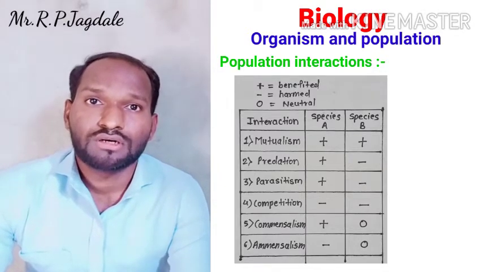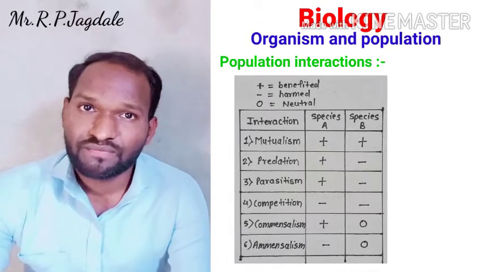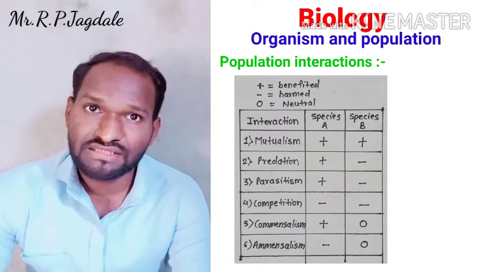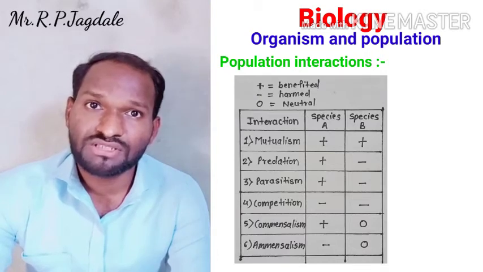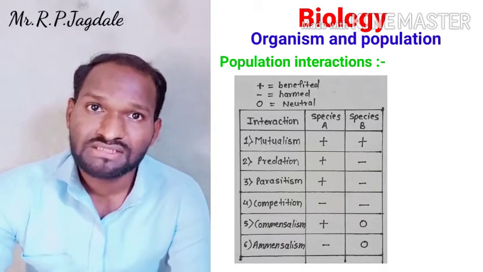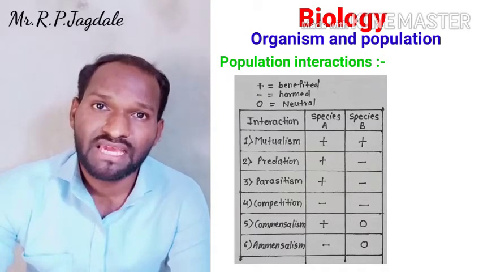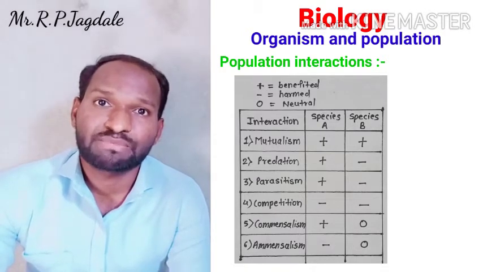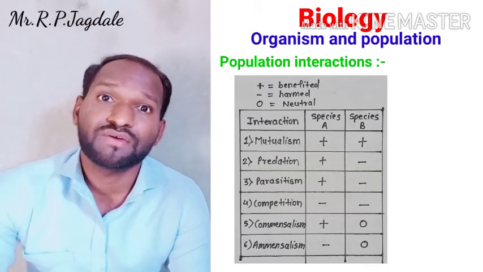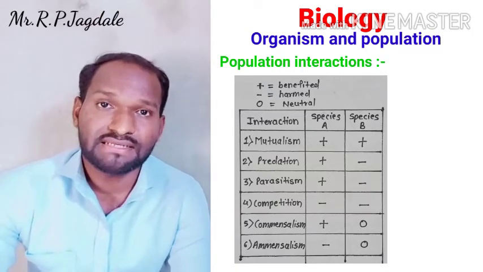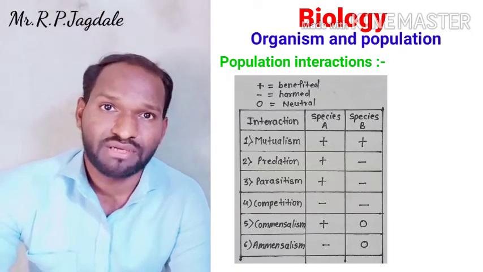You can see the chart on your screen. In this chart there are 3 columns: the first column is the interaction, the second is species A, and the third is species B. Interactions need a minimum of two organisms, so we consider two organisms, A and B.